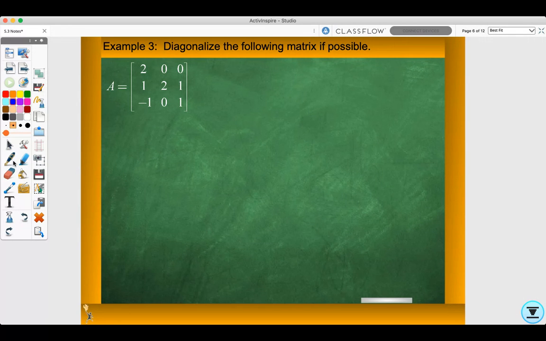So let's go ahead and look at example 3. Diagonalize the following matrix if possible. So what we're first going to do is I'm going to let A minus lambda I equal 2 minus lambda, 1, 1, 0, 2 minus lambda, 0, 0, 1, 1 minus lambda. So step 1 is find the eigenvalues.